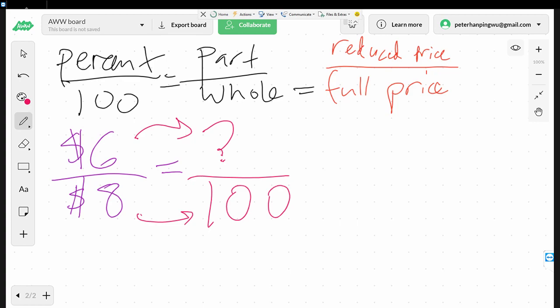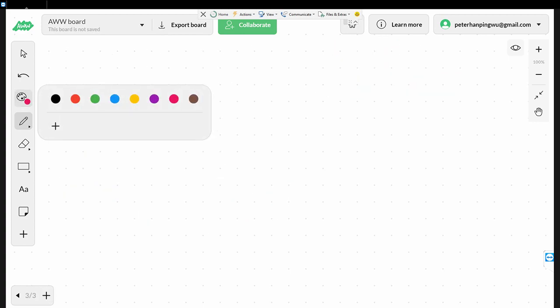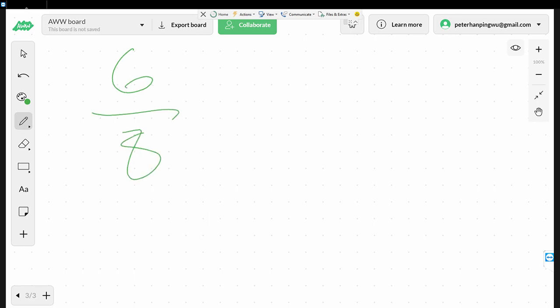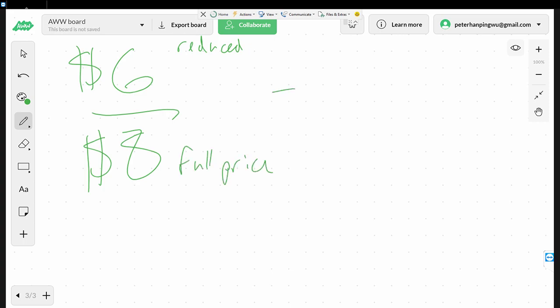So we're going to have to figure out another form of 6/8 that we can use. The first thing I always want to go for is simplifying 6/8. So even though it's $6 reduced and $8 full price, we can still simplify it because it's a fraction, right?